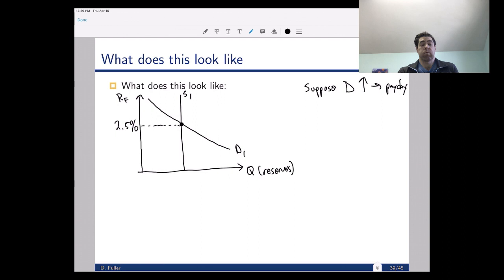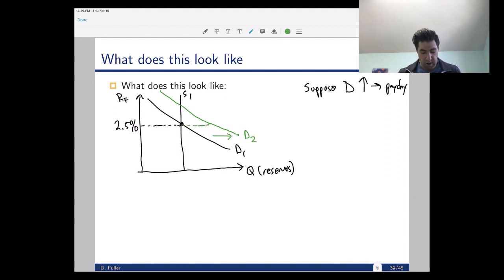So what's going to happen? Well, demand's going to increase. And so the Federal Reserve then needs to do something. Otherwise, the federal funds rate is going to increase to, let's say, 3.5%. So how does the Fed keep it fixed at 2.5%?